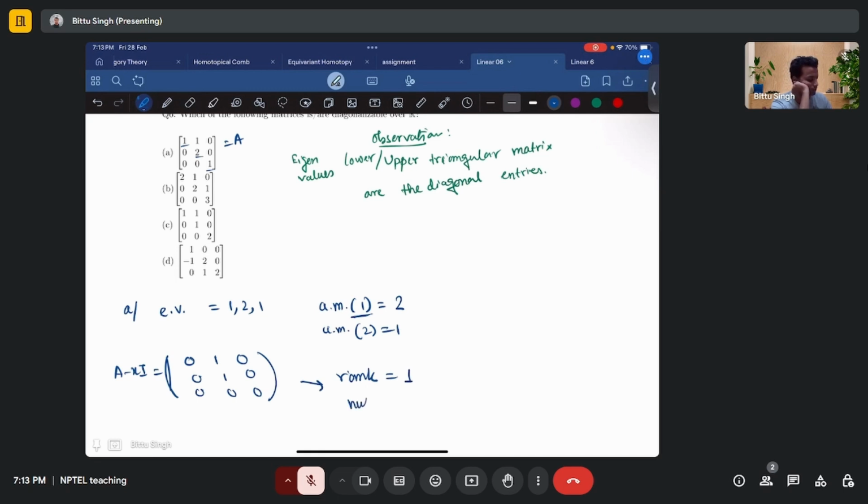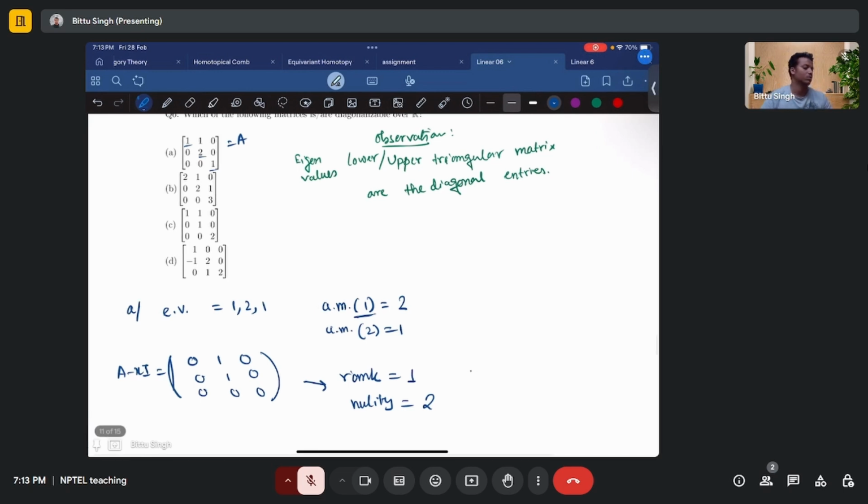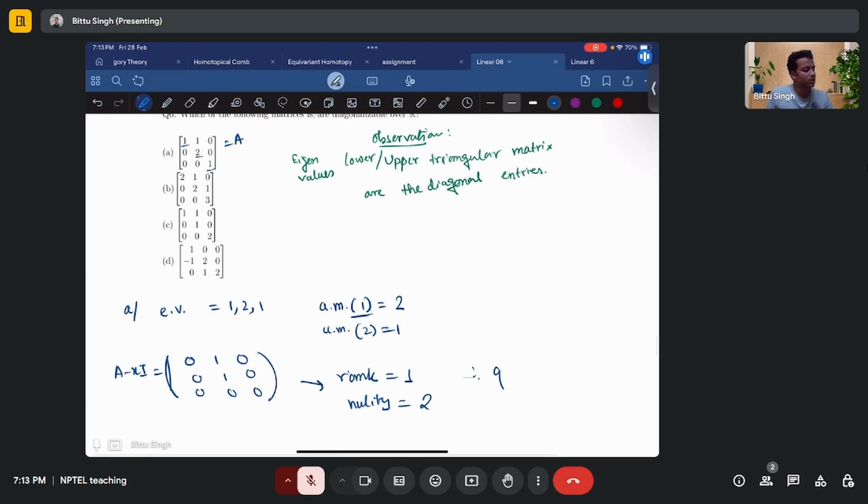Therefore the nullity, or the dimension of the solution space, is 2. Therefore, the geometric multiplicity for x equal to 1.